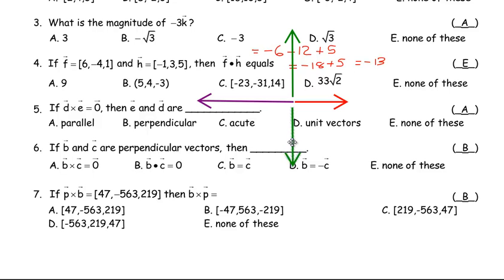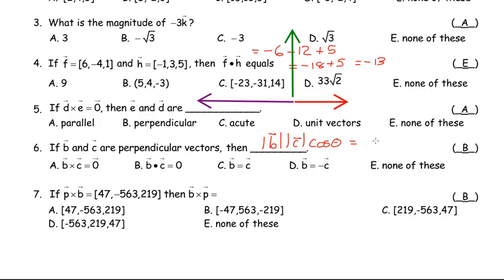Let's get rid of this here. This is not in the way of question 6. If B and C are perpendicular vectors, then the dot product is 0. A dot product of 0 means that two vectors are perpendicular. Remember that now we're talking about B dot C. Then remember, this is the other formula for the dot product.